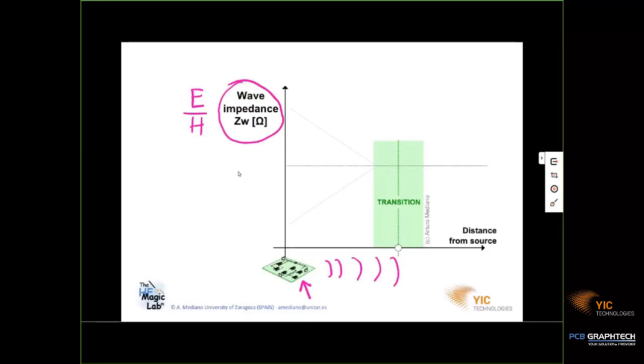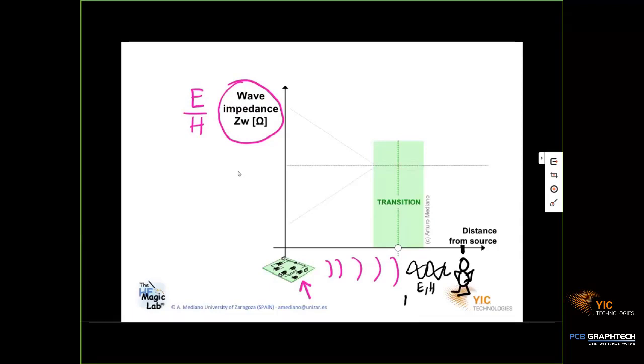When you are far from the system, for example here, at this point, you receive something that in electromagnetic theory books is explained like a plane wave. So in these books, they explain that you are receiving electric and magnetic fields that are perpendicular.